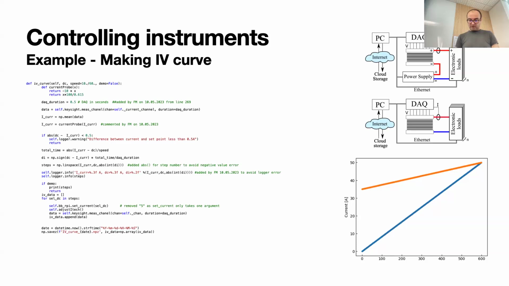Usually you make an IV curve measurement, you stop at some point and fix this DC point at some current level, say 45 or whatever, and then you do ice measurements over and over again. But this doesn't have to be the case.